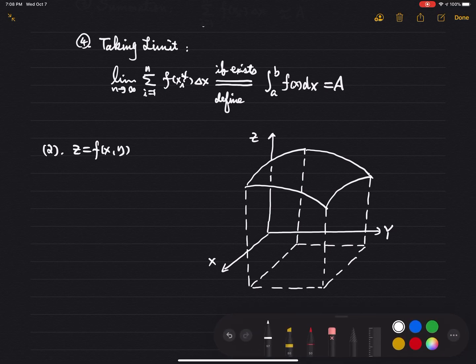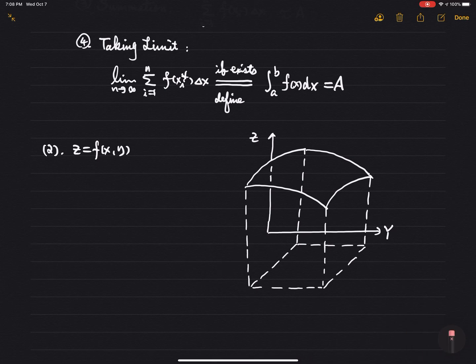Maybe I should also make the x-axis a little bit longer. Like this. Say we said this is z equal to f(x, y).